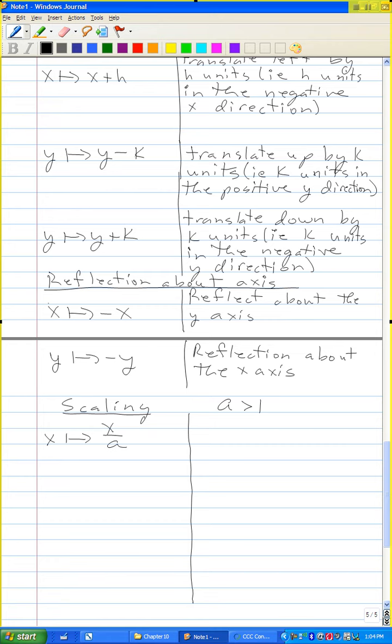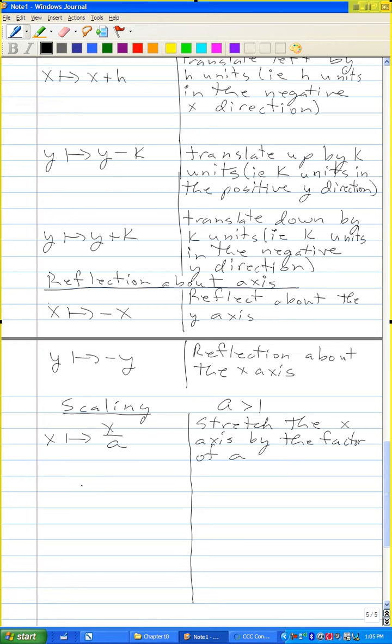Then you should stretch the x-axis by a factor of a. So if I replace x by x over 2, then I would stretch the x-axis by a factor of 2, meaning I would double. So the x-axis would be stretched by doubling it. It would be twice as long.